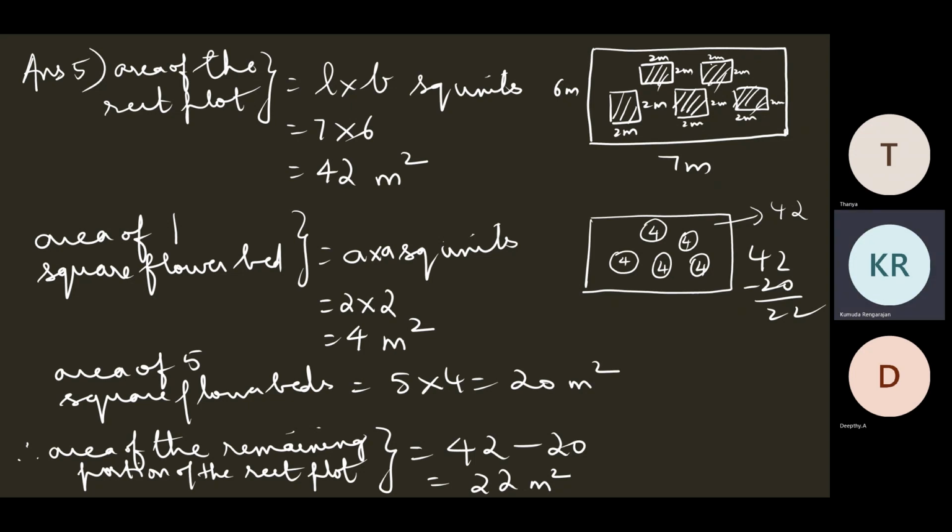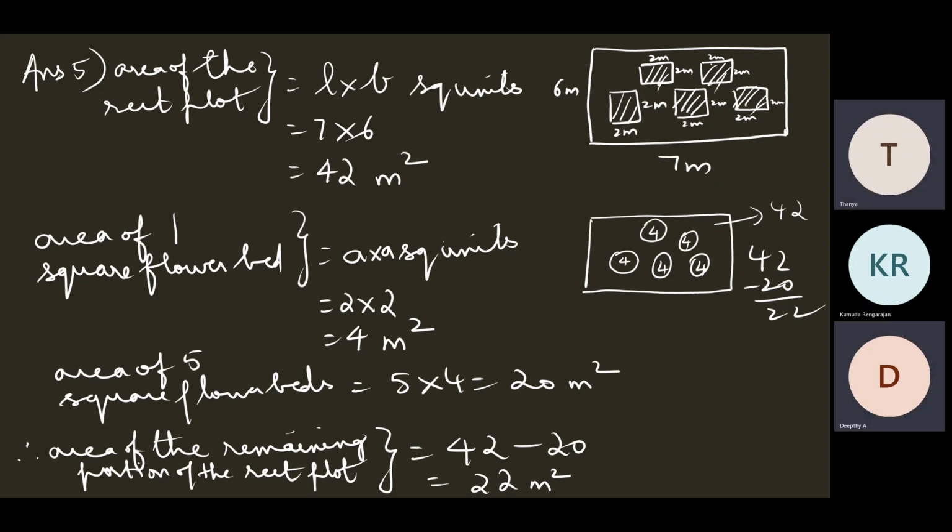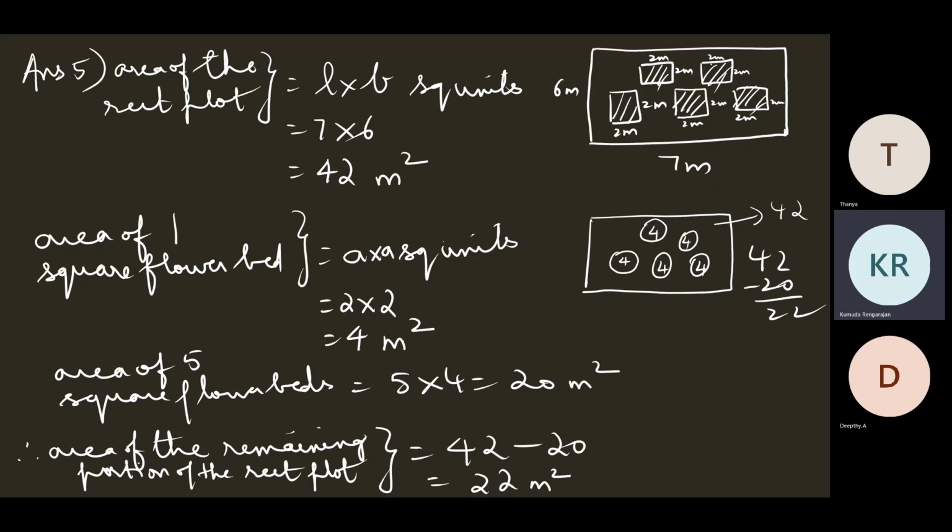So step 1, find the area of the rectangular plot. Step 2, find the area of the square flower bed. Multiply that by 5 to get the area of 5 square flower beds. Now subtract to find the remaining area. Is it understood, children? Yes, ma'am. Okay.